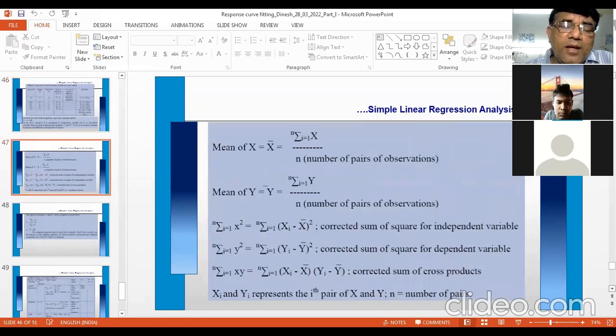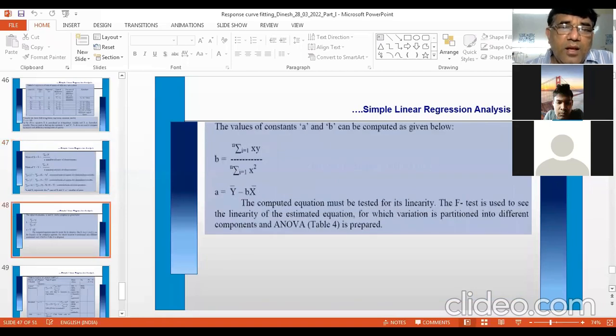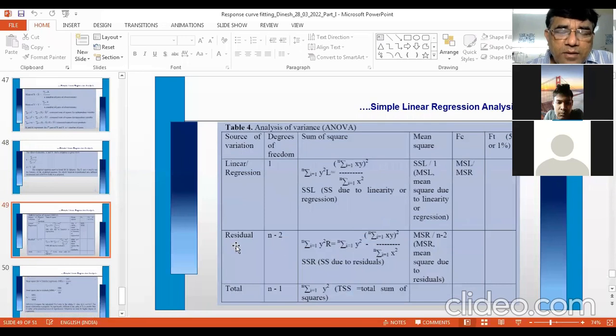So you can take the means of x and the means of y, and then you can work out the corrected sum of squares for the independent variable and dependent variable x and y by subtracting the means and squaring them. And also you can have the corrected sum of squares of cross products. So this is the way to get these parameters.